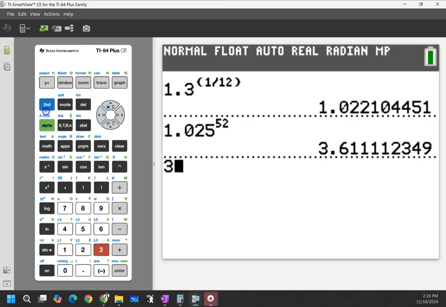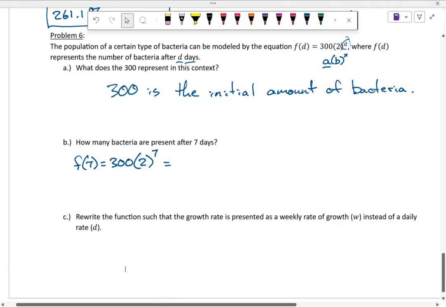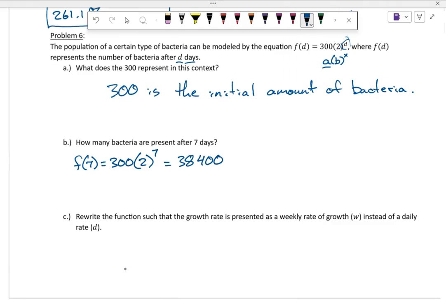There we go. All right, 300 times 2 to the 7th power would be 38,400. So that is equal to 38,400 bacteria. So there is that many bacteria after 7 days.